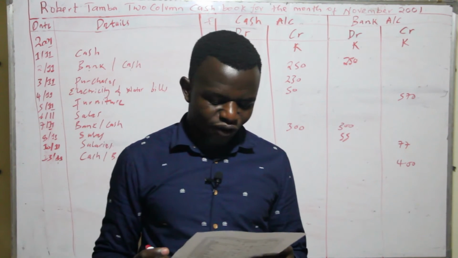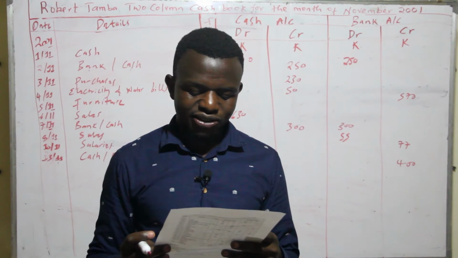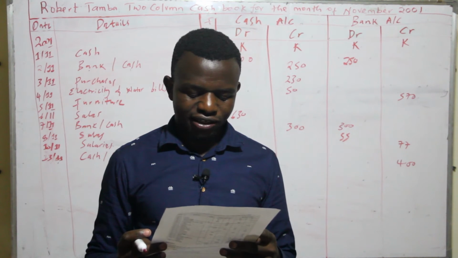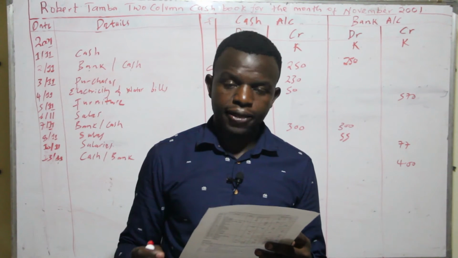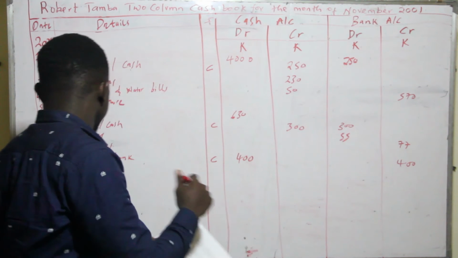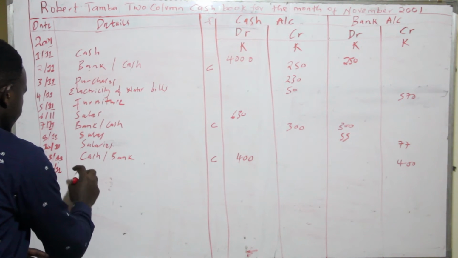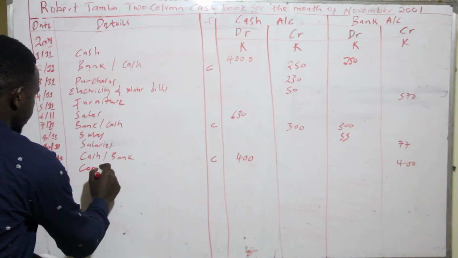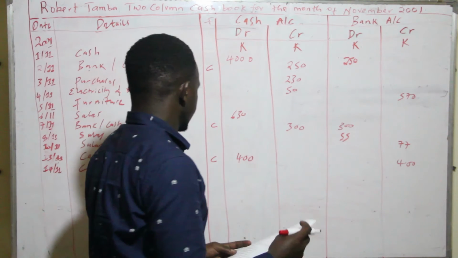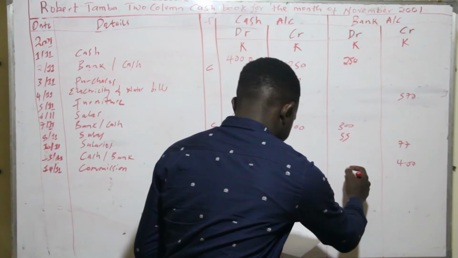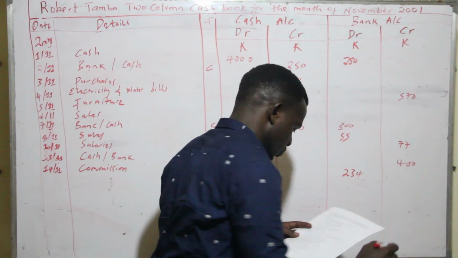Then on the 14th of November, received a commission by check amounting to 234 kwacha. So we are going to debit the bank account. So say 14th of November, we'll say commission in our details column, and we are going to debit that amount, and the amount that we have is 234.